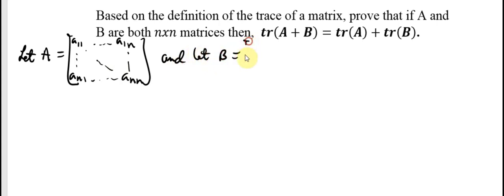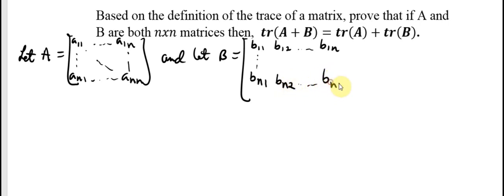And let B have the entries B11, B12, and if you keep on going over, to B1n, and Bn2 all the way to B sub nn.